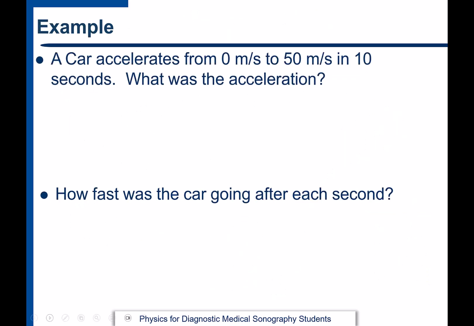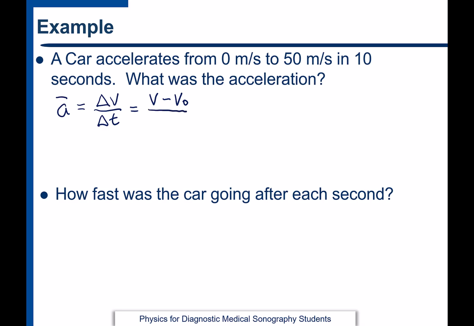Let's look at an example. A car accelerates from 0 meters per second to 50 meters per second in 10 seconds. What was the acceleration? Well, we know that average acceleration is defined as delta v over delta t. And we can write that as v minus v naught, so again, final minus initial.